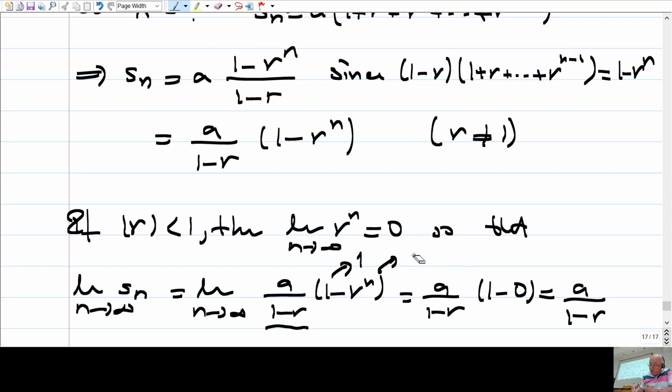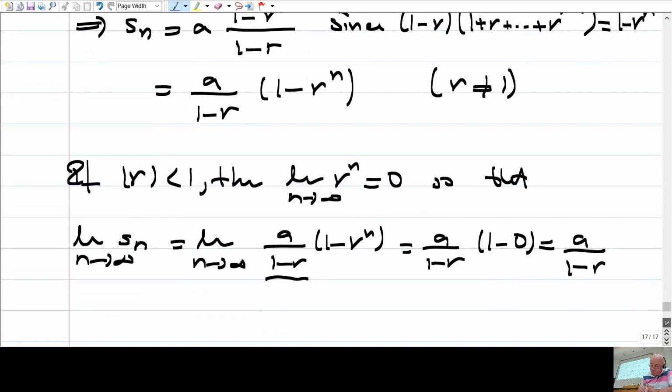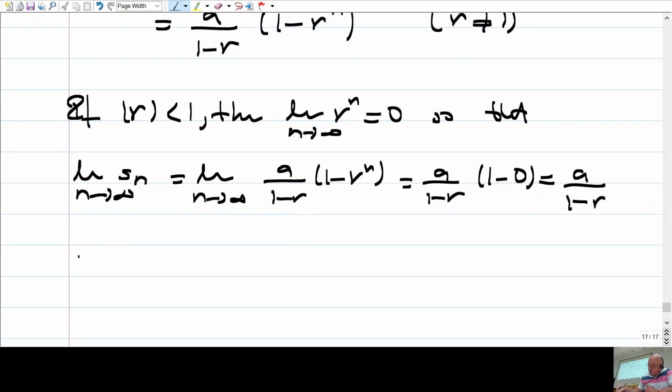In particular, this is convergent. So if |r| is less than 1, then Sn is convergent. Sn is convergent means that the series is convergent and equals S, equals this limit value.